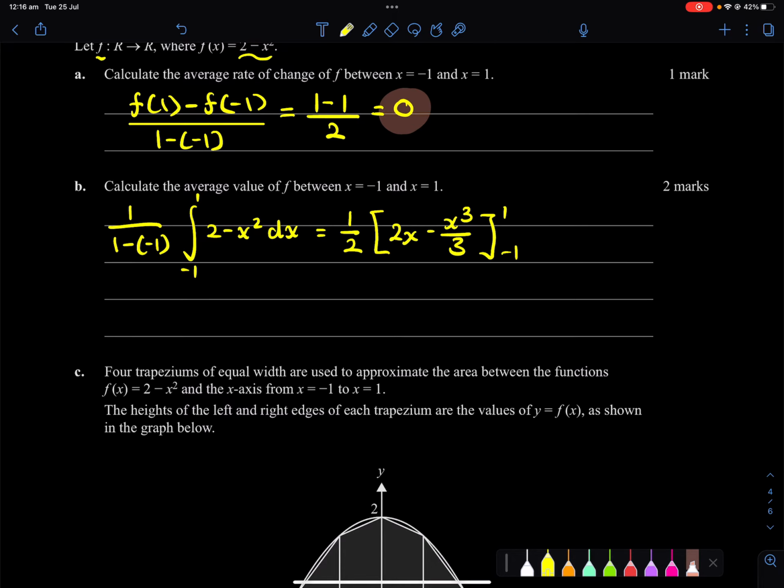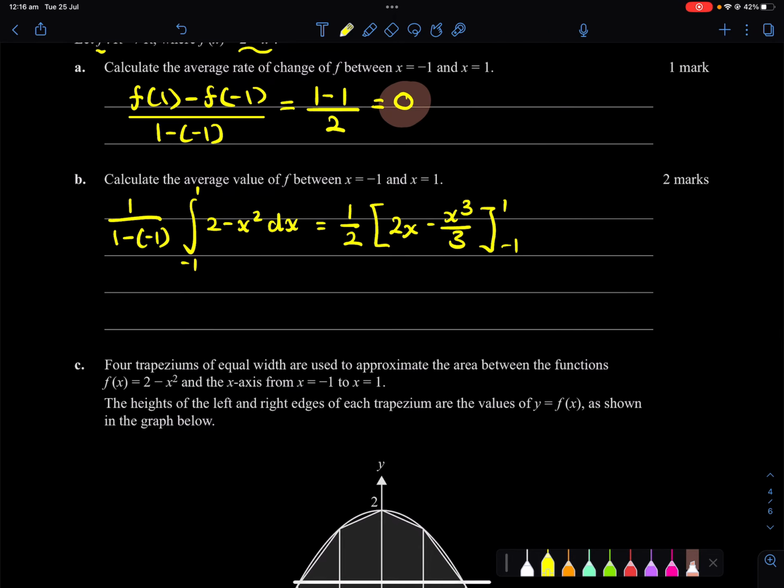Okay, so let's simplify that more. If we put a half over here, let's sub 1 in first, so that'll be 2 minus 1 on 3, minus, now sub in that -1, so that'll be -2 here, and we can say +1 on 3 here.